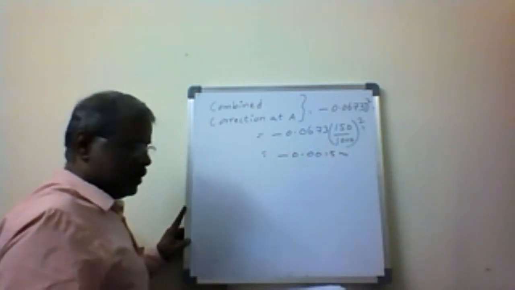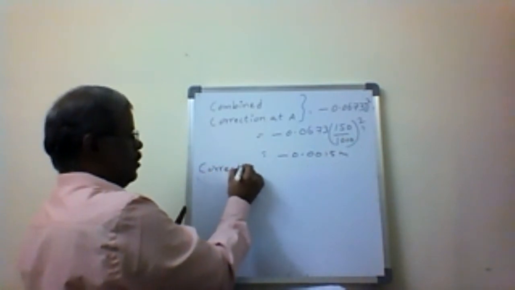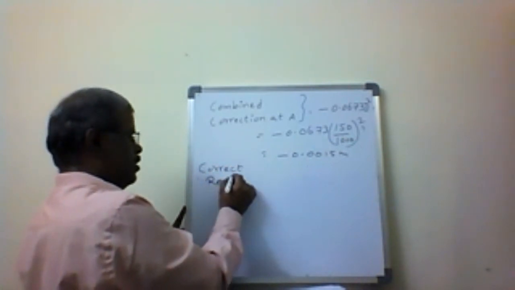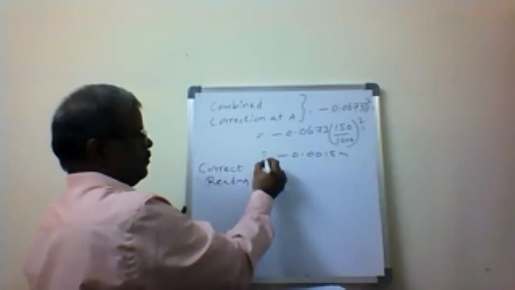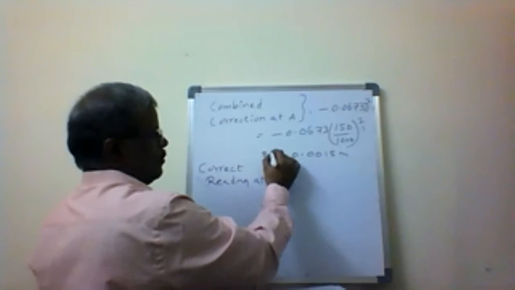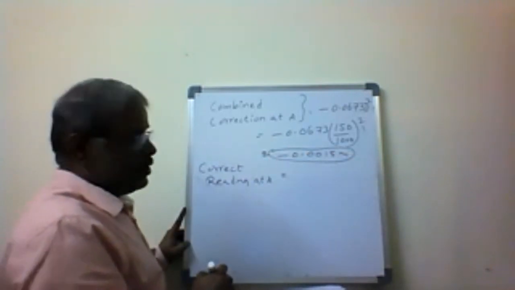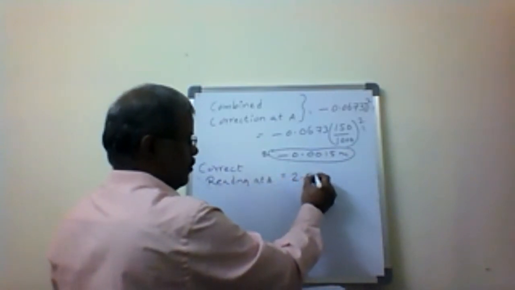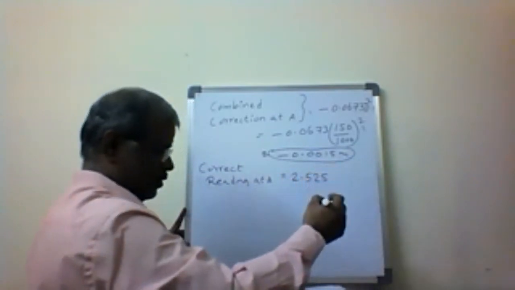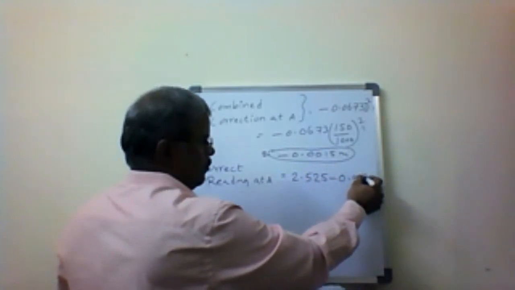Then the correct reading at A. The staff reading given at A is 2.525 minus 0.0015.